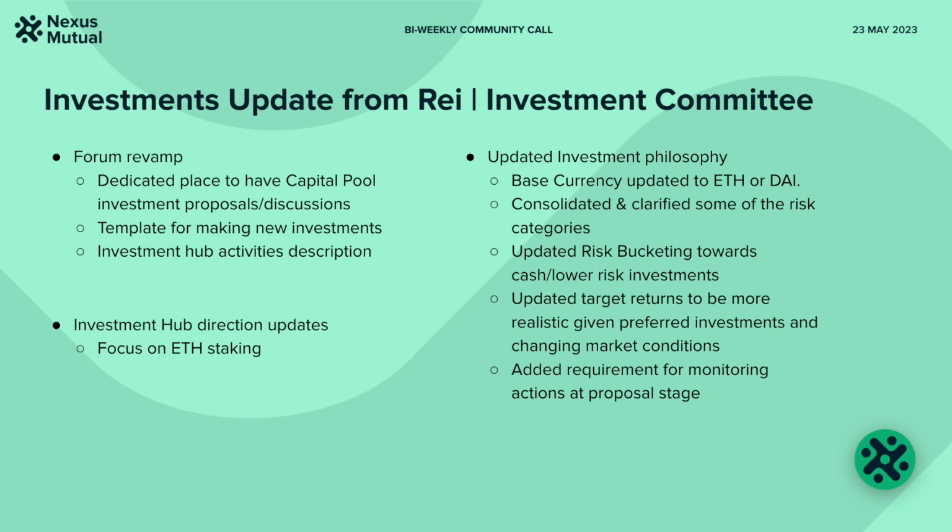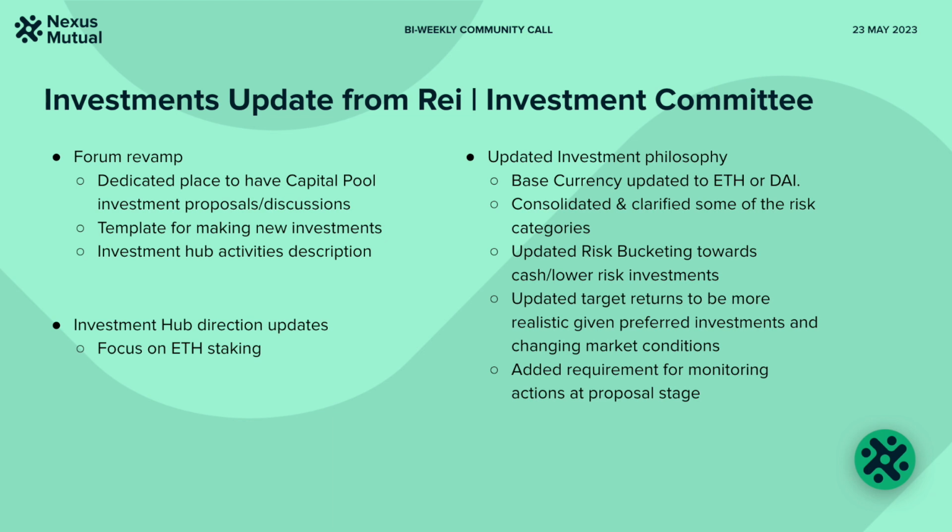And I think about half of the mutual is targeted to be in low risk investments like ETH staking. We've also updated the target returns in line with that, and also updated them for changing market conditions.